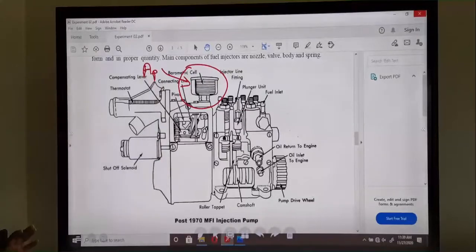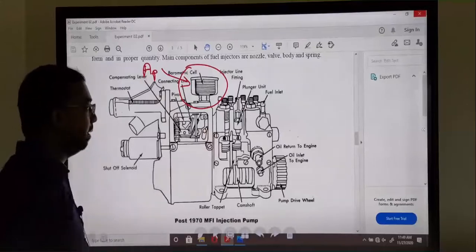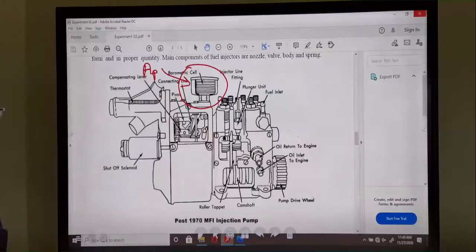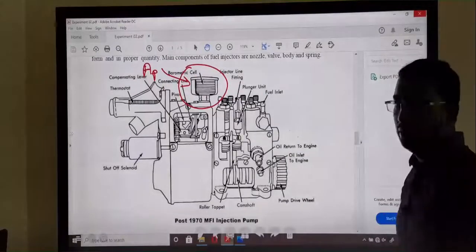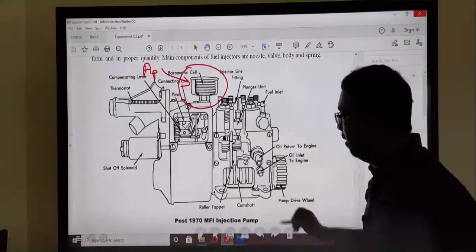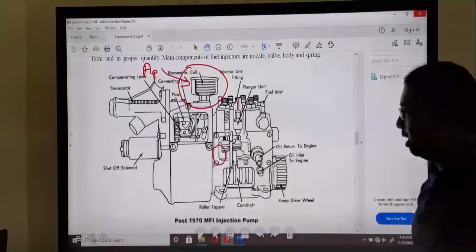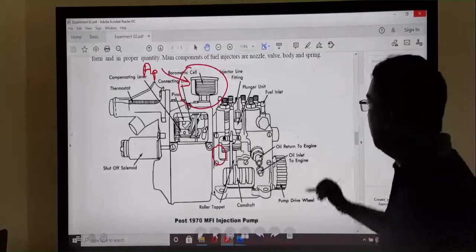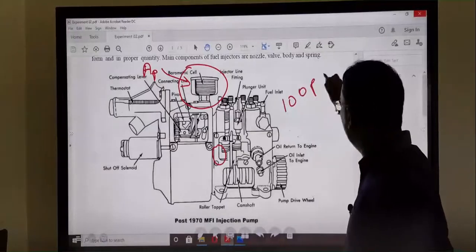Now you can see when this injection pump supplies the fuel at very high pressure, it obtains the high pressure to supply the fuel to the injector. When starting, the pressure is 0, and the supply fuel is, for example, 100 psi.